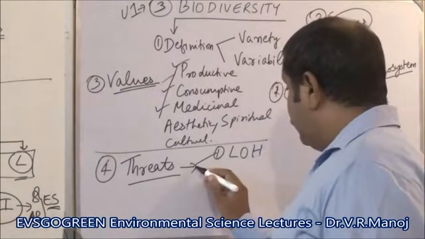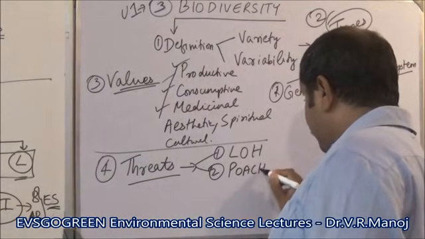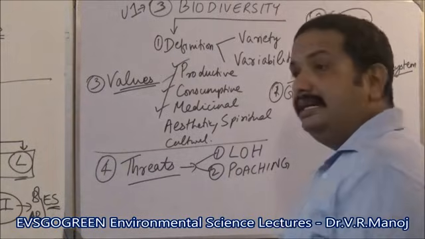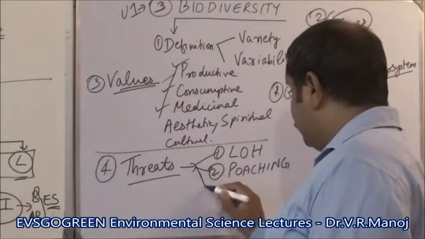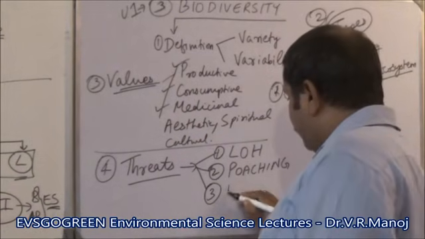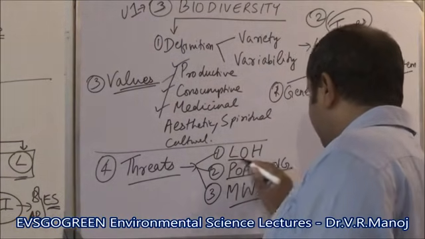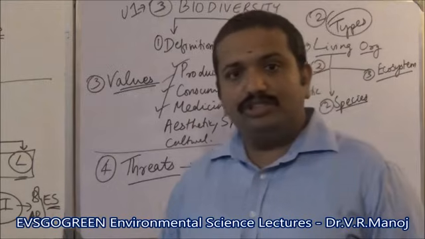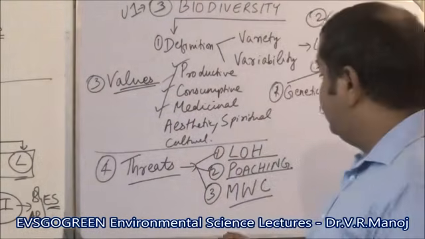Okay. Number 2, poaching, which is the illegal trading of wildlife and wildlife related products. Number 3 is man-wildlife conflict. So loss of habitat, poaching and man-wildlife conflict. These are the 3 major threats.